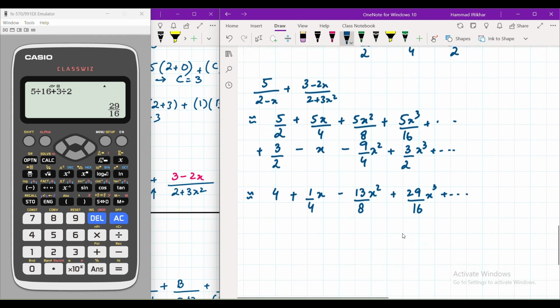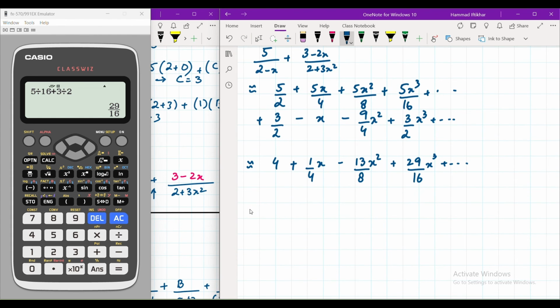Now, for the C part, where we have to state the range of values of x for which this expansion is valid, we just need to look at these things. The first one would mean that mod of x should be less than 2, and we need to find an intersecting overlapping region with mod 3x squared less than 2. So this one is already simplified. We just need to work on the second one.